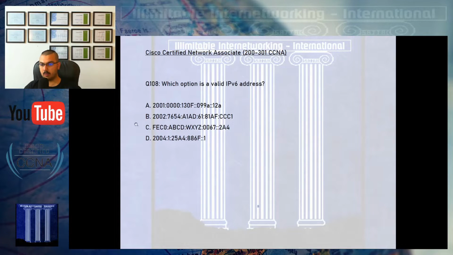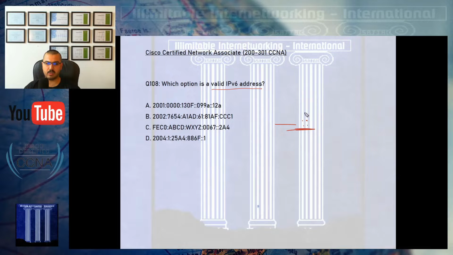Okay, 108. Which option is a valid IPv6 address? What makes an address a valid IPv6 address? It has 8 parts separated by a colon each. Each one of them has 4 digits, and they can be shortened by using a double colon only to shortcut some zeros.